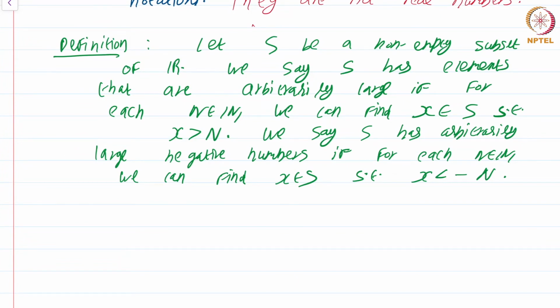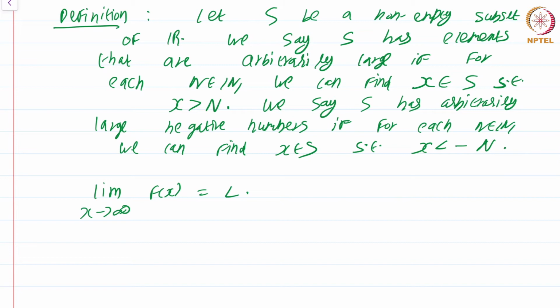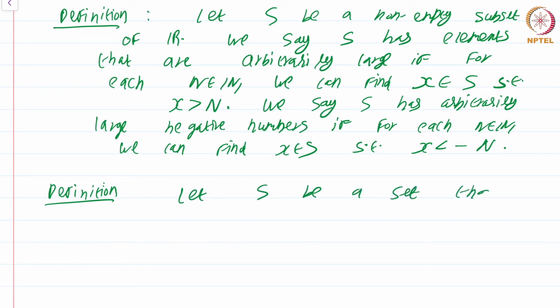Now we are going to try to define what it means for the limit as x goes to infinity of f of x to be equal to L. Definition: let S be a set that contains elements that are arbitrarily large.